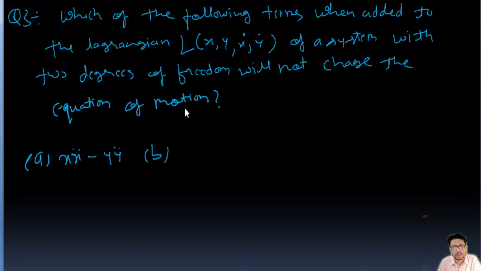Option B is x y double dot minus y x double dot.